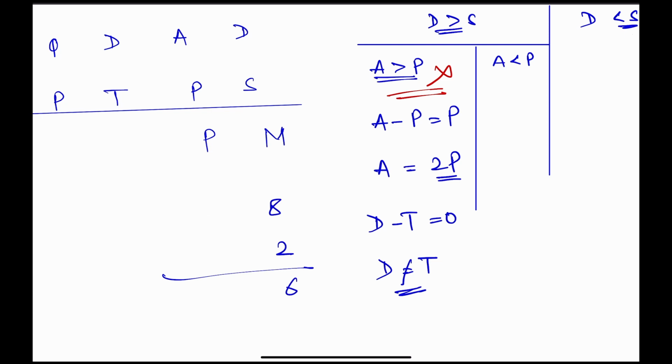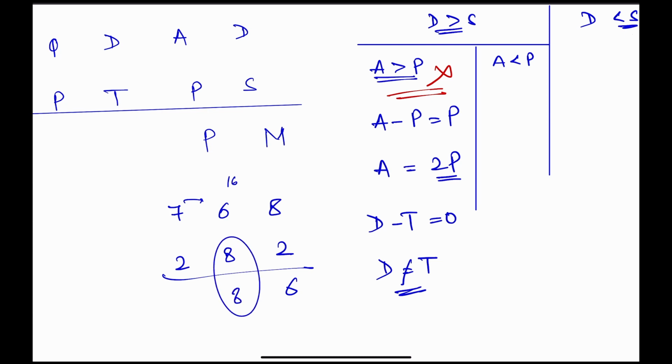Let's take a equal to 2p, so a equal to 16. Let's take over here 6 and 8. So for this to happen, suppose 7, or here take 2. So what is happening? 1 is coming as carry over here. It will become 16. 16 minus 8 is 8.